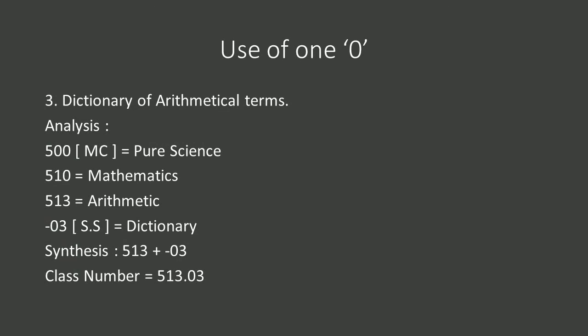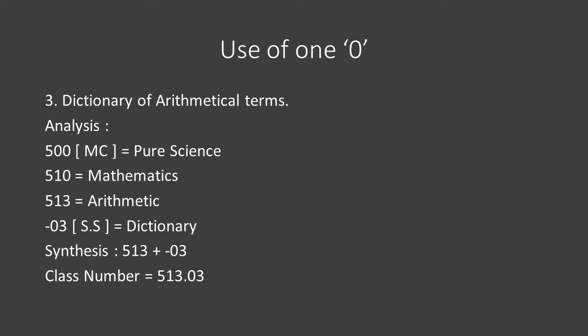This notation does not end with 0, it ends with 3 digits. So we will not remove any digit from the main classes. I have taken 513 for arithmetic and 03 for dictionary.